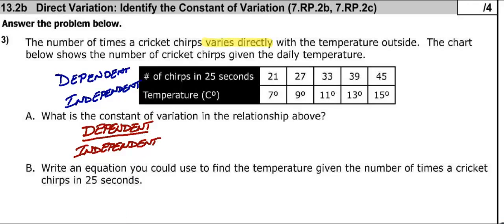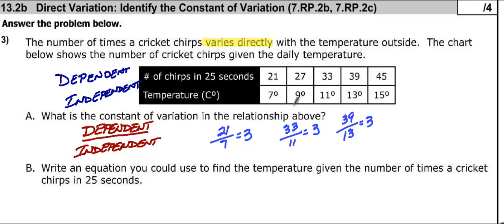And what you find is no matter which relationship you select, you will get the same answer. So dependent 21 divided by independent 7 gives you 3. Dependent 33 divided by independent 11 gives you 3. Dependent 39 divided by independent 13 gives you 3.